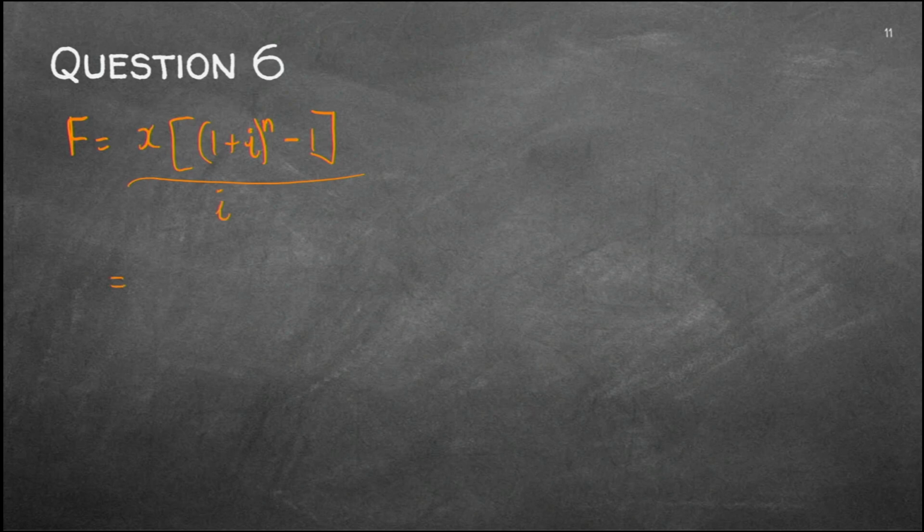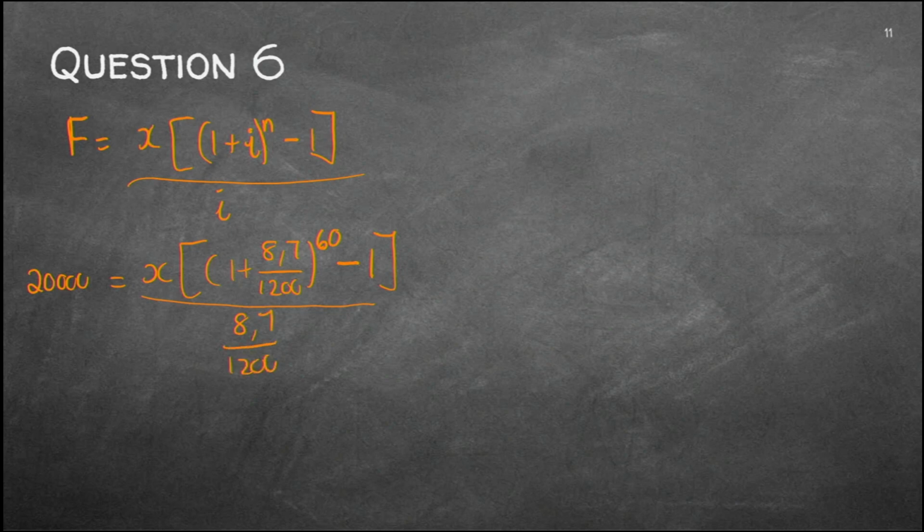So let's substitute in. I know this would be 20,000 rand. X, I need to calculate X. I'll have 1 plus 8.7 over 1,200, meaning the 12 times 100, to the power of 60, because we made 60 payments. All of it over 8.7 over 1,200.